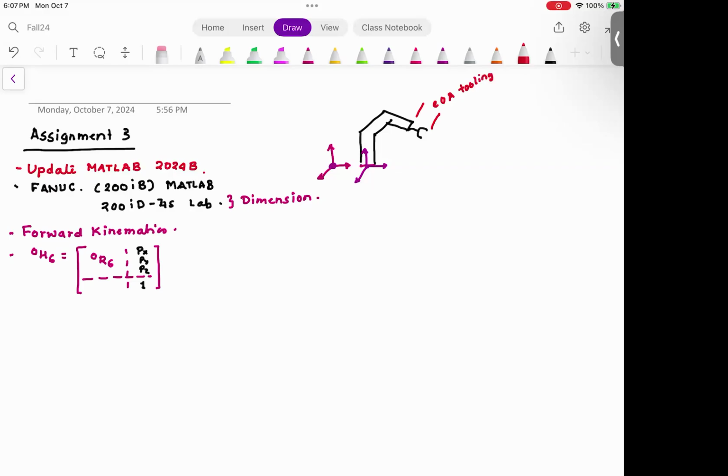So what it means is the teach pendant or the robot could be programmed with an end of arm tooling that may or may not exist on the robot. So that is another thing to verify when you are doing the forward kinematics: whether the end of arm tooling is added to the robot or not. Otherwise, you are not comparing apples to apples.